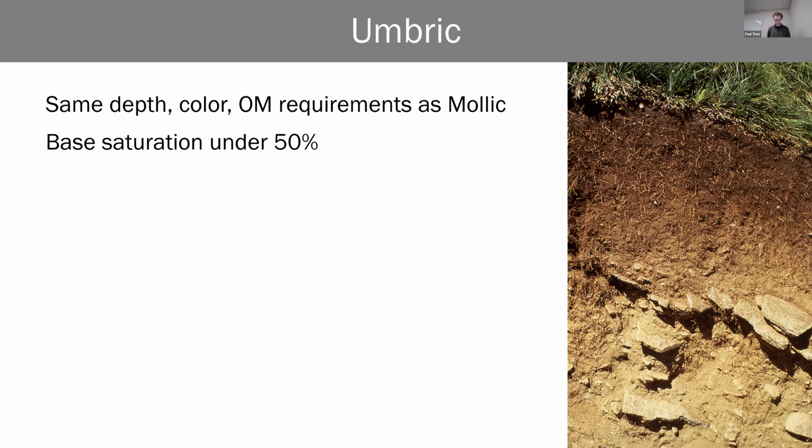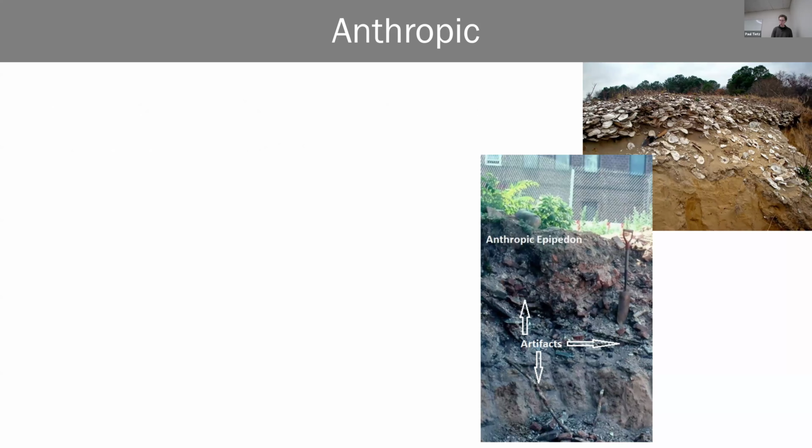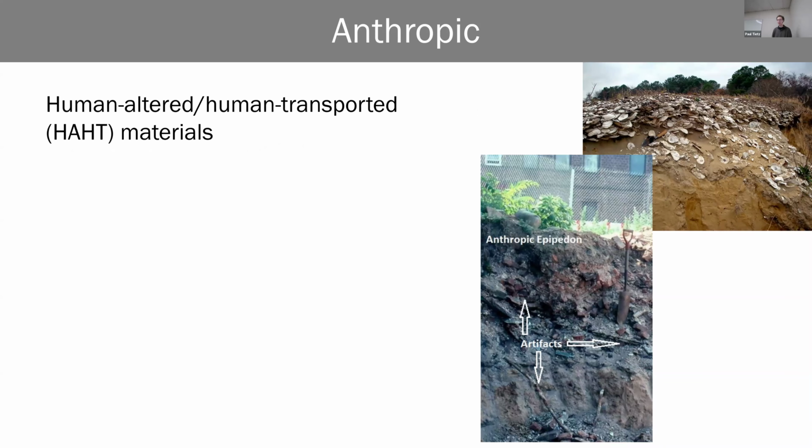Mollic and umbric. Next, we are into a little different one, going a different direction with the anthropic epipedon. This is a human-altered and human-transported materials epipedon. Kind of artificial material, or maybe disturbed area.